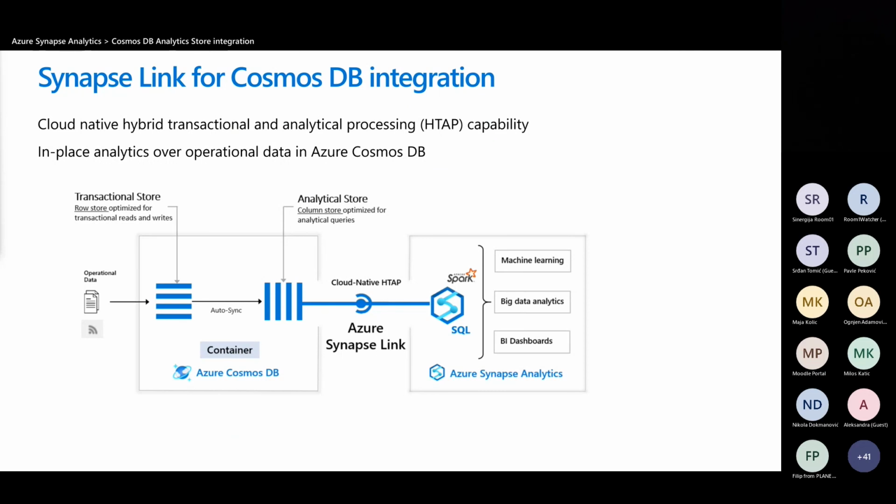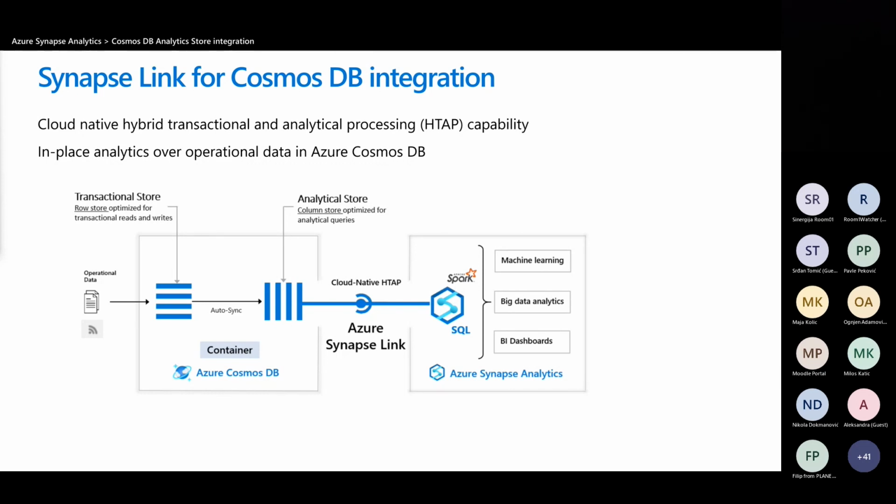Now, taking it further, if you have functionality that is not directly available with your Synapse SQL or Spark functionality, you can use, for example, Cosmos DB. So if you're doing cloud native hybrid transactional analytical processing, or in-place analytics on operational data, Cosmos DB may be a better option, right?